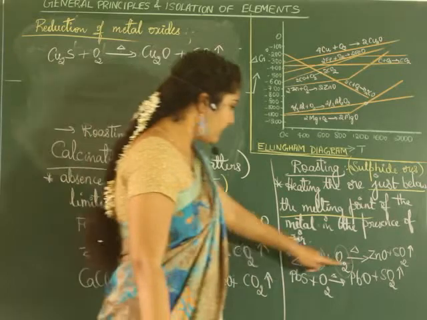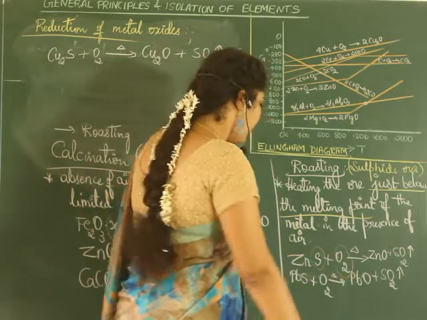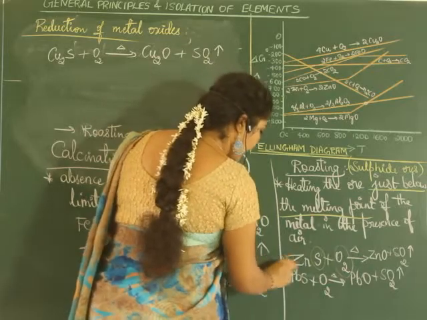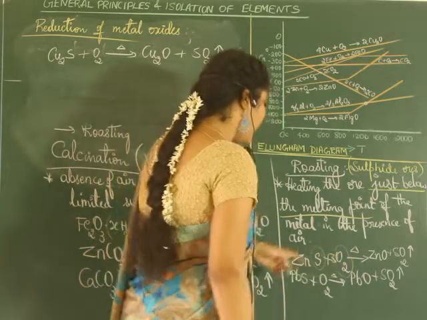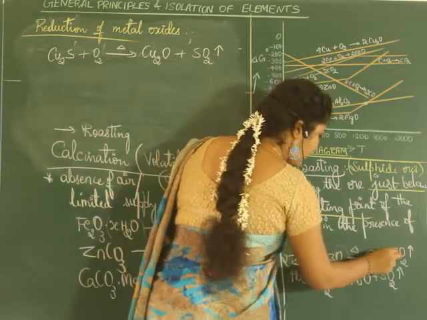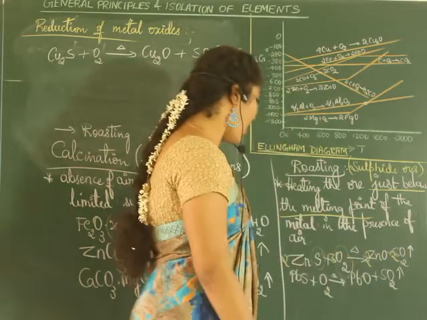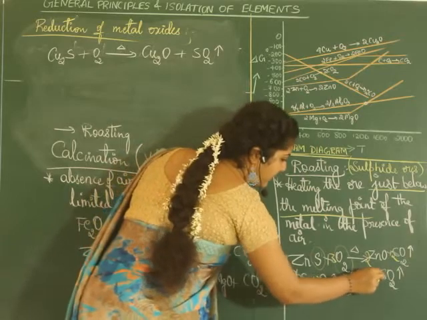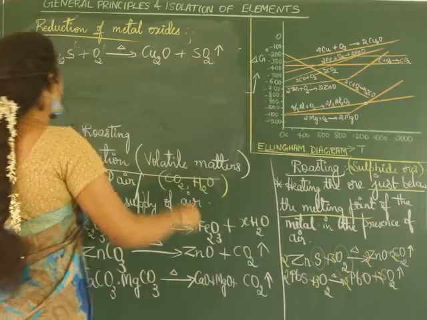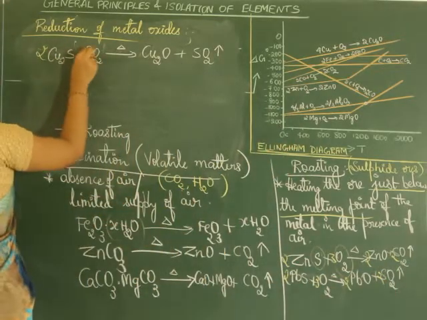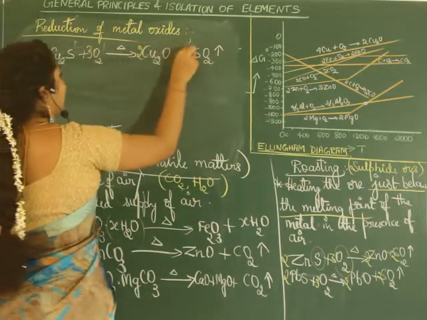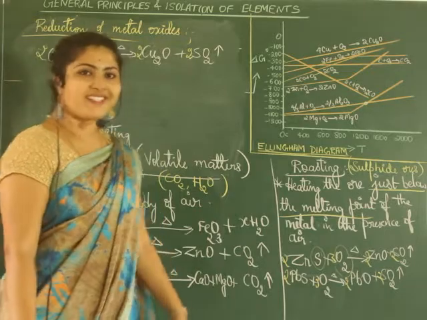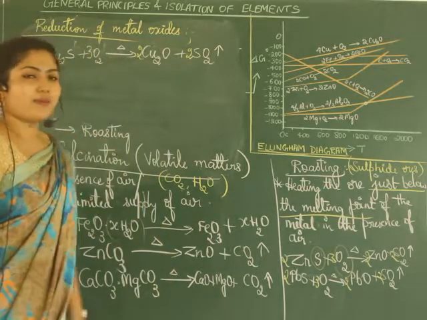Here, sulfur dioxide. So the balancing comes out as 2, 3, 2 and 2, since it is oxygen to balance. Again here 2, 3, 2, 2. Same, 2, 3, 2 and 2. Just check out whether it is right or not. Okay. So this was about roasting.